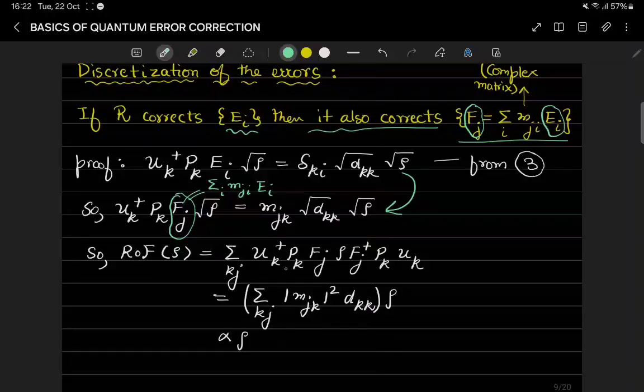It is simply nothing but you have F_j, and then you have the recovery channel, which is P_k and u_k dagger, and then it's a matter of just applying this. So I will apply this here to get this particular summation, and that will show it to be safe.